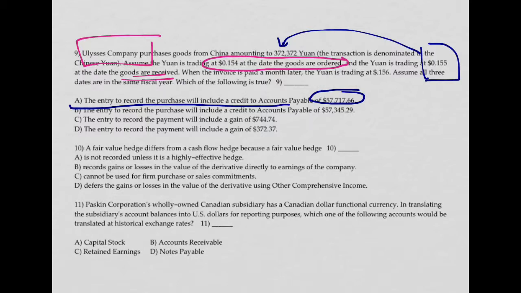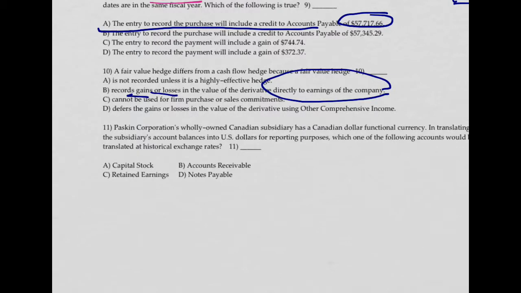A fair value hedge differs from a cash flow hedge because the fair value hedge is the one where the ups and downs, the gains and losses, go directly to the earnings of the company. Answer B. And then finally, on number 11, how we do the translation into the functional currency.